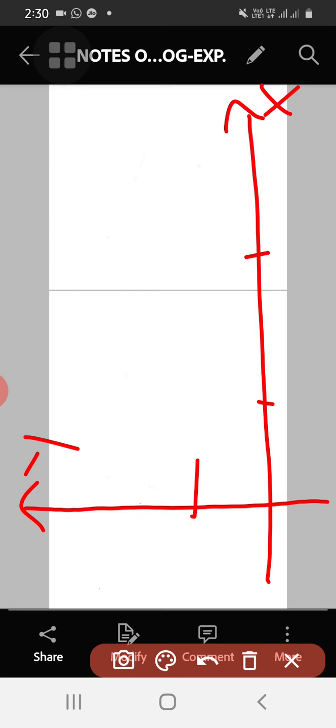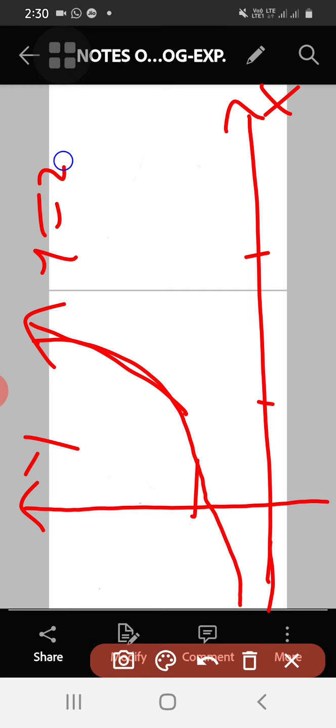So how was the graph of y is equal to 2 to the power of x? It passes through 0, 1. The graph increases. This was the graph of y is equal to 2 to the power of x.